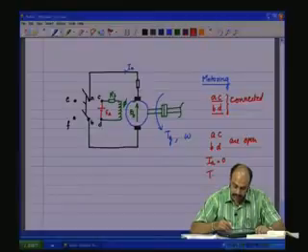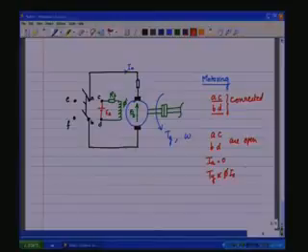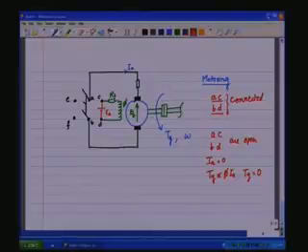What happens to TG? TG being proportional to phi IA, TG also becomes 0. There is no generated torque, but there will be inertia on the mechanical side which will make it continue to move. Like if you are traveling in an automobile, if you switch off the engine, it will still continue to move because of the momentum, because of the inertia which is stored in the mass of the vehicle.